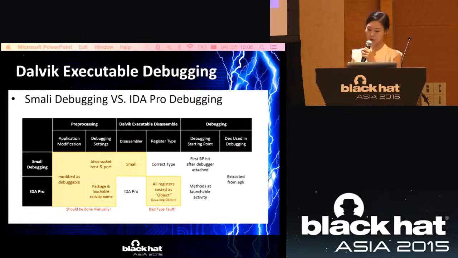But in the case of IDA Pro, with the package and launchable activity names set by the analyst, it starts the application and sets breakpoints on methods at the launchable activity, and the process waits for the debugger. So using IDA Pro, the analyst can start debugging from the start.